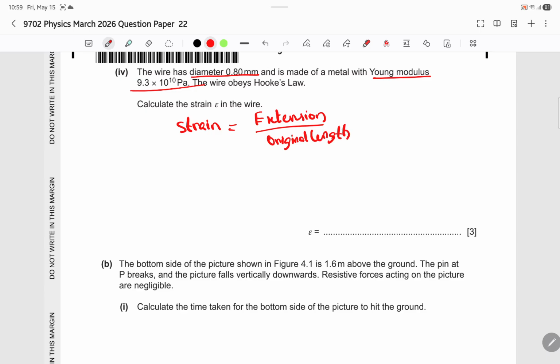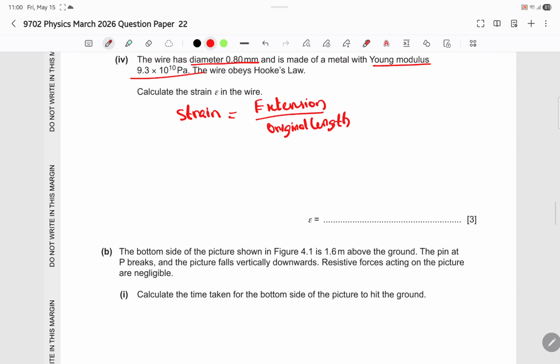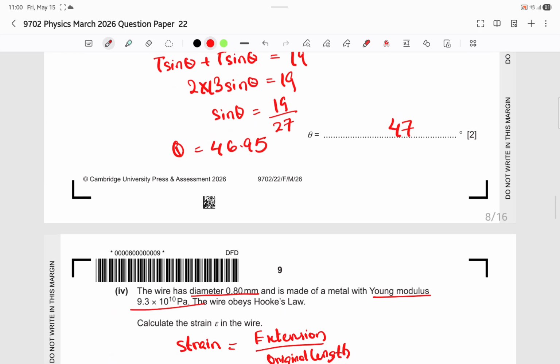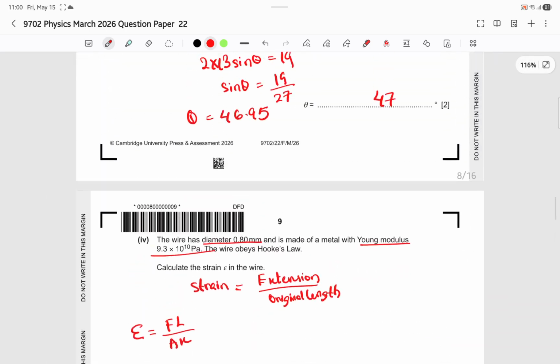In this case, we are not given either of those things, but we are given the Young modulus, and the formula for Young modulus is stress over strain, which we can simplify as FL over AX. F is the force, L is the length, A is the cross-sectional area, and X is the extension. So the Young modulus is given, a diameter is given, which means the area is given, and we are trying to find the extension X.